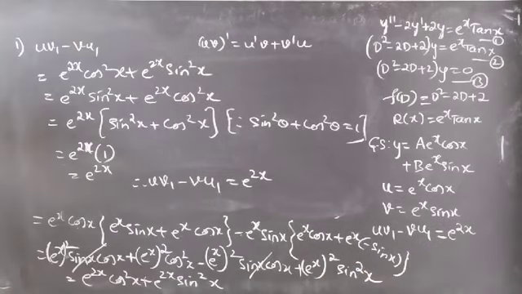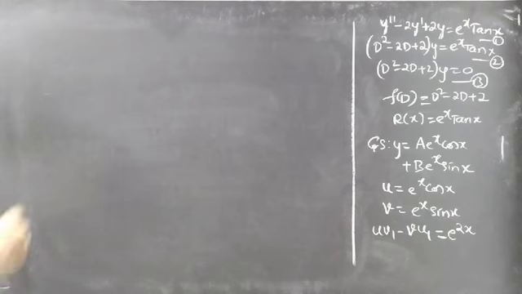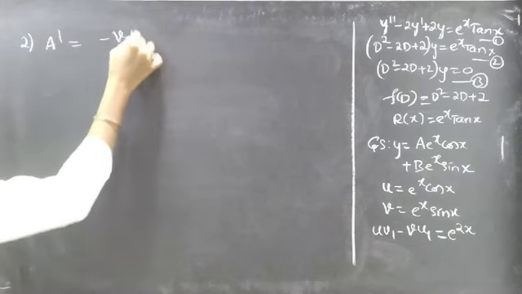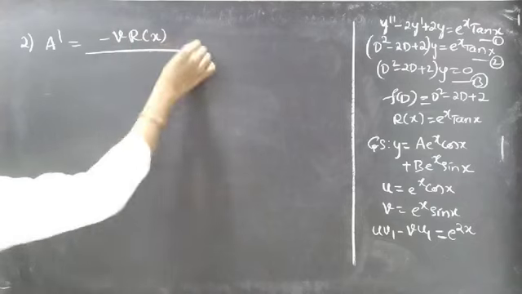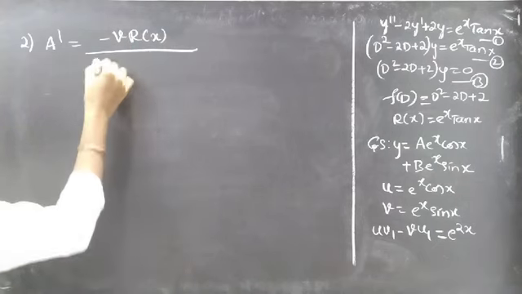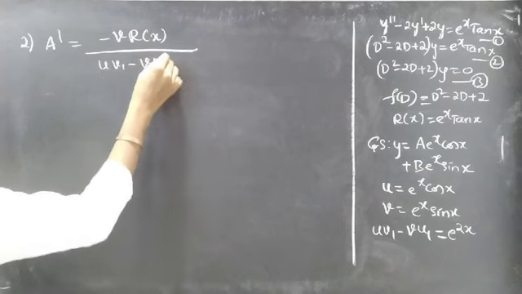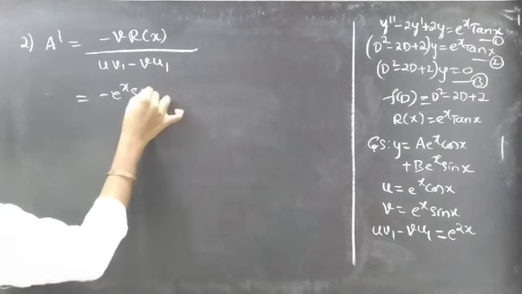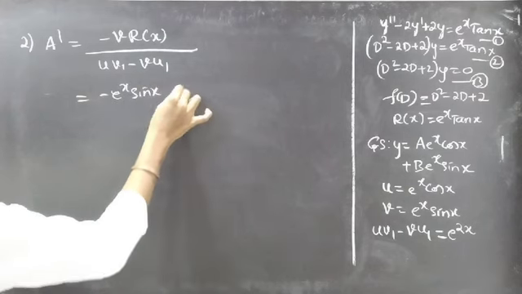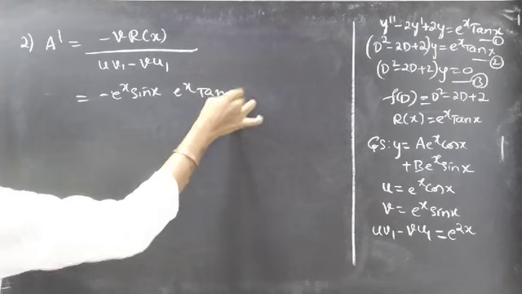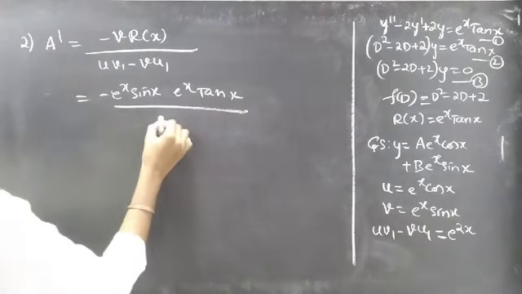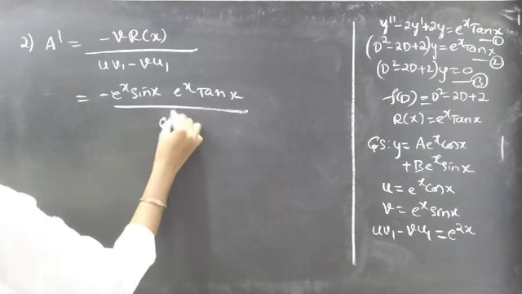Now let's find a dash and b dash. We have a dash equals minus v into r of x by uv1 minus vu1. This is equal to minus v, e power x sin x, into r of x, e power x tan x, by uv1 minus vu1, which is e power 2x.